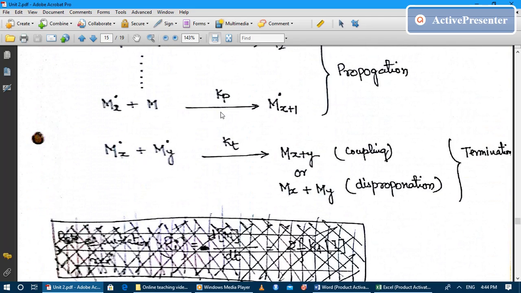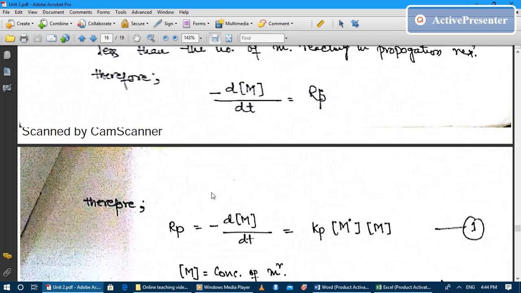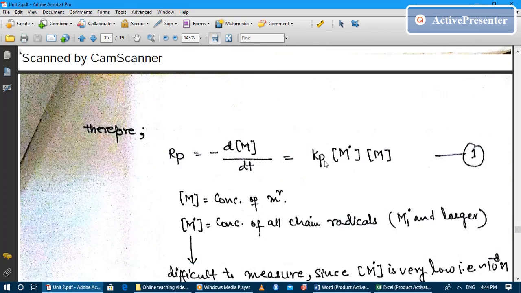Here Kp is my rate constant for the propagation reaction, and M dot and M are the reactants for the propagation reaction. So it will be Kp times the concentration of M dot and the concentration of M, where the concentration of M is the concentration of the monomer and the concentration of M dot is the concentration of all chain radicals.